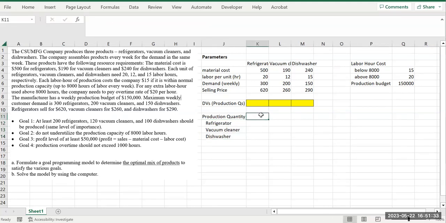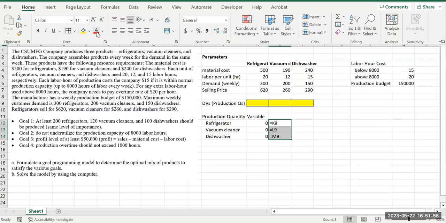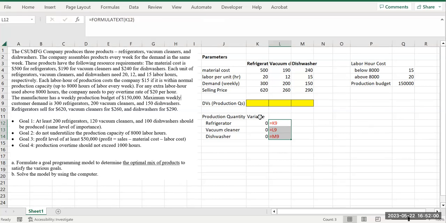So the variable of interest: variable for refrigerator, for vacuum cleaner, and for dishwasher here. I didn't put a title because we already have the titles here. Let me also put the reference here. So that's the variable.